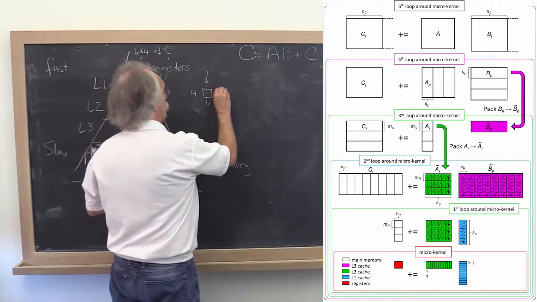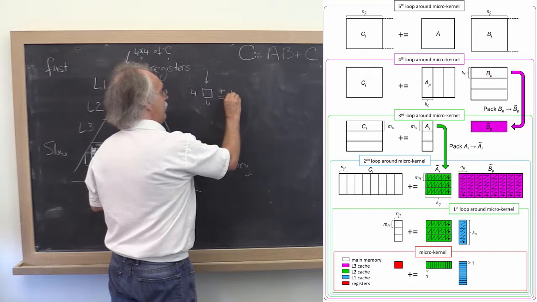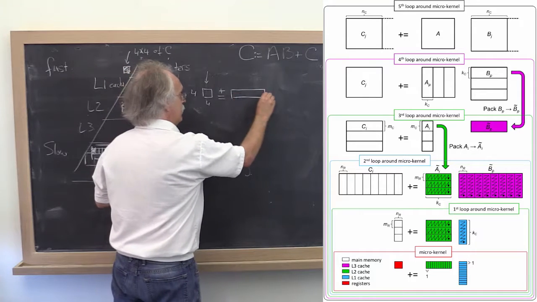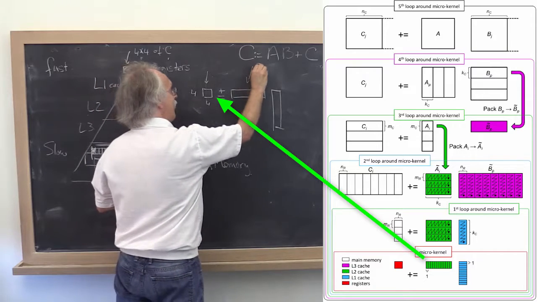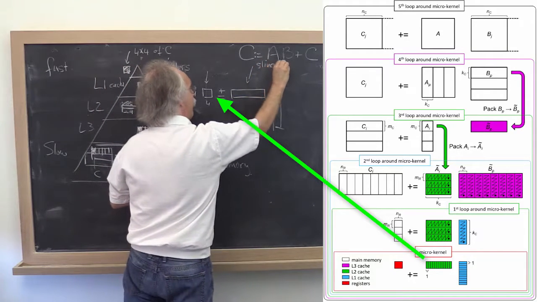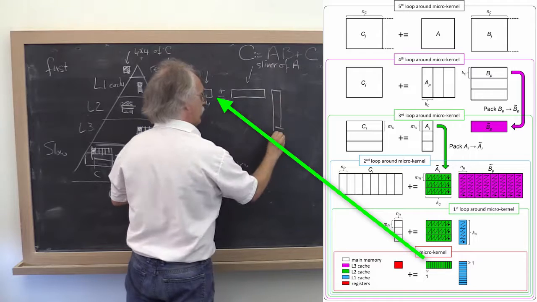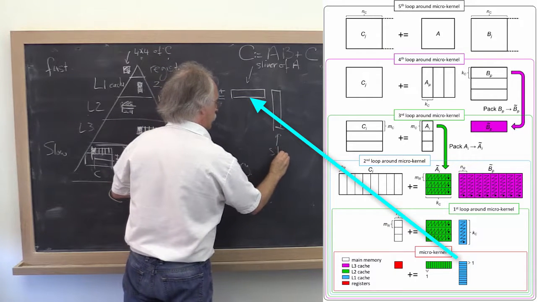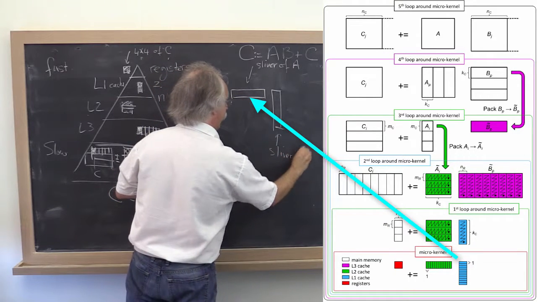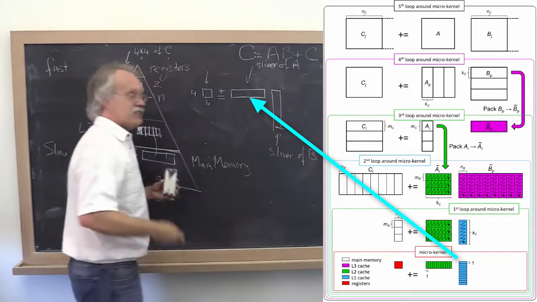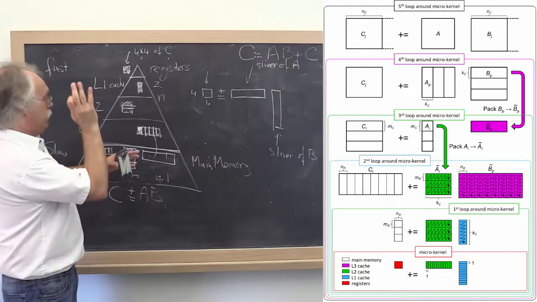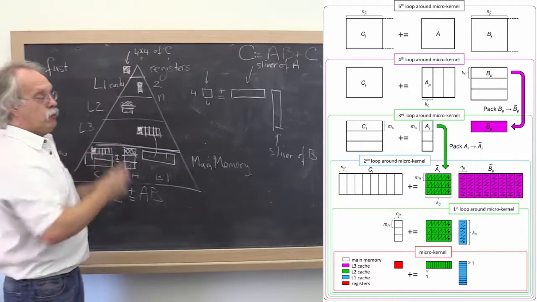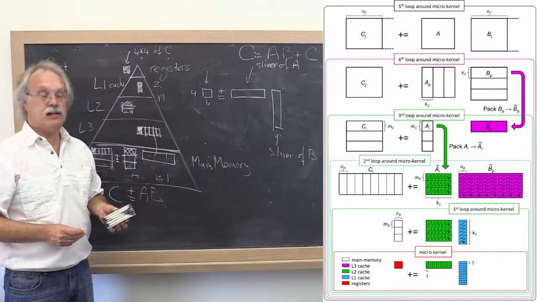That is updated by a little sliver of A and a sliver of B. So that's still a small matrix-matrix multiply. We've been slicing and dicing, doing matrix-matrix multiplies all the way up the chain here.